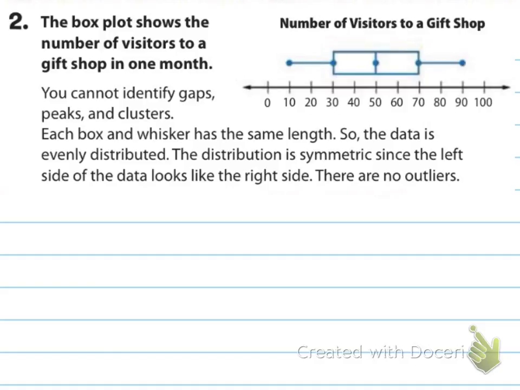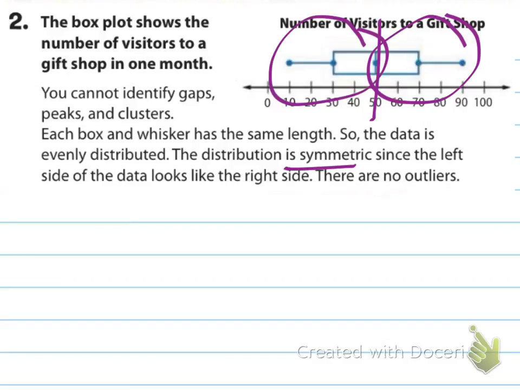All right, so the box plot shows the number of visitors the gift shop has in 1 month. And the thing with a box plot is that if we have little small whiskers and a really tight box and a little tight whisker again, that would tell us that we have more clustered information. But when we have something like we have in this picture here, where it's all kind of spaced out evenly, we can say that we have symmetric distribution, since we have our median here, and then we have the same amount of information on each side, the same spacing of information on each side.